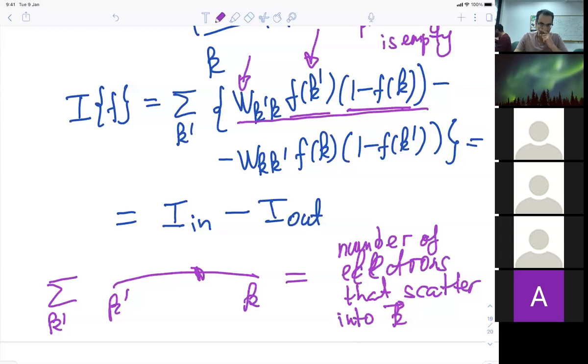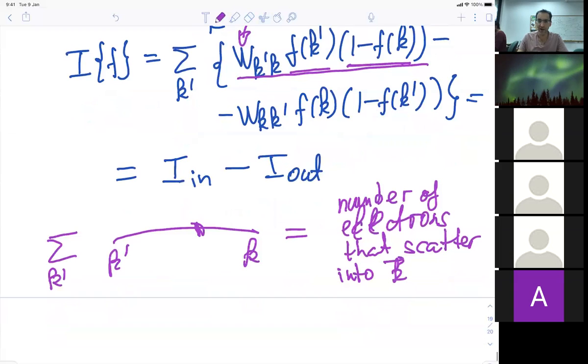So did you follow the logic and explanation of what these terms mean? Okay, I see that some people did. Now let us look at the second term. And now I can repeat the same story once again, replacing k and k' and empty with occupied.